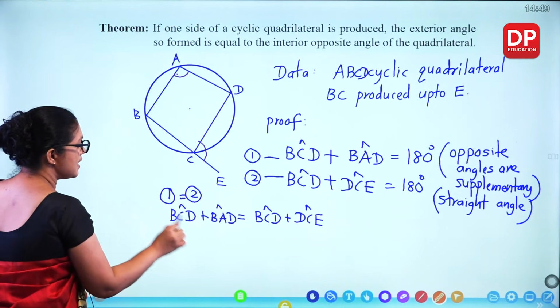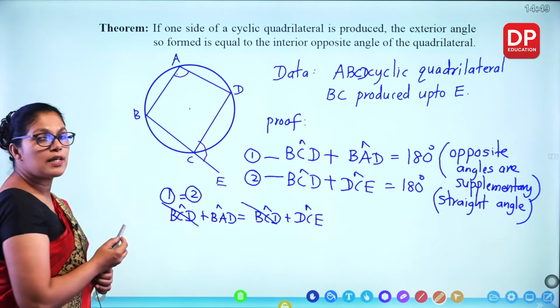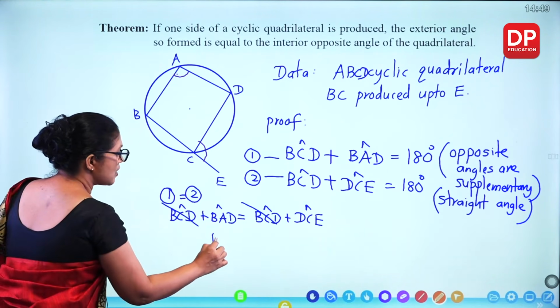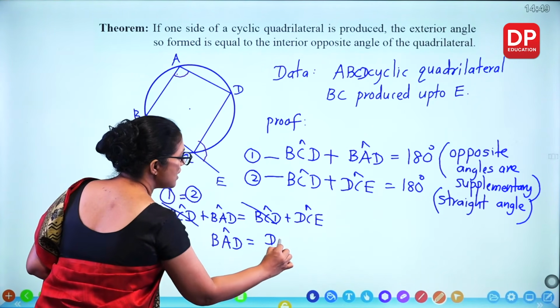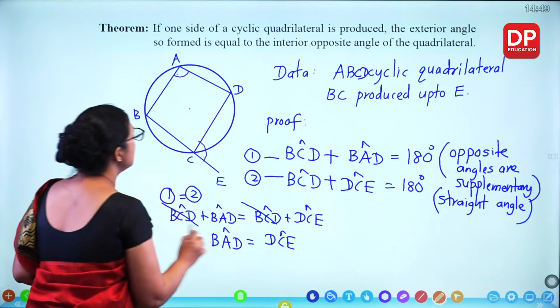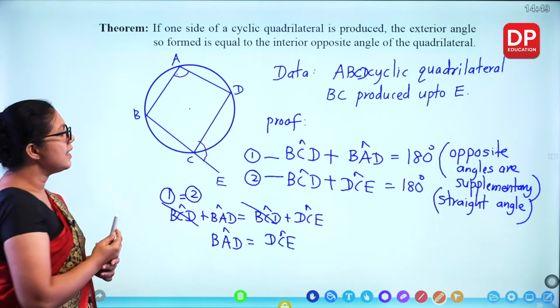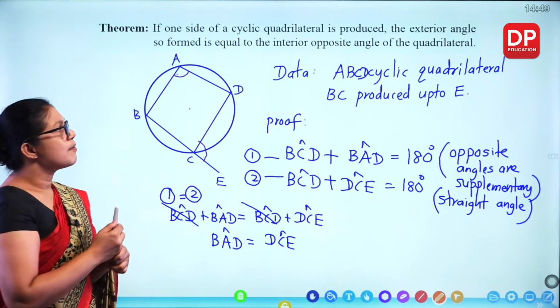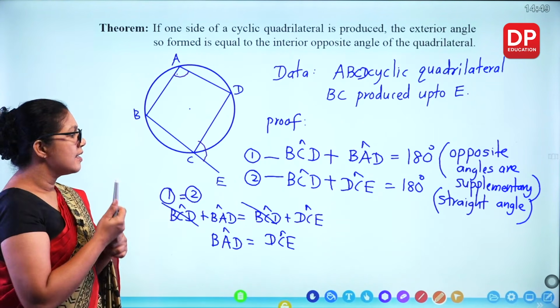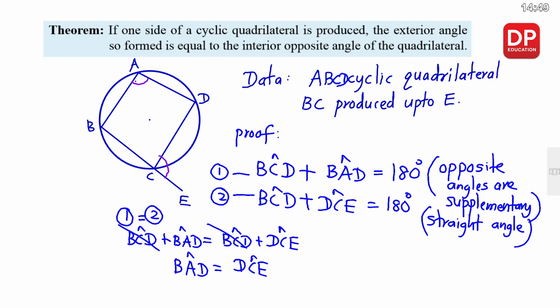But we know BCD gets cancelled out. You get angle BAD is equal to angle DCE. So these two are equal, and you can now use this theorem also in questions.